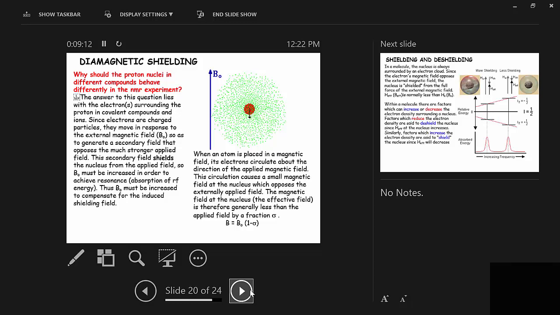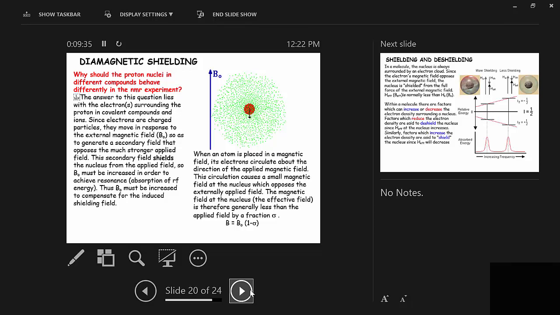Now, how do these magnetic fields interact? Something interesting happens with the electron magnetic field. The electron magnetic field is much stronger than the nucleus's magnetic field. Why should the proton nuclei in different compounds behave differently in the NMR experiment?